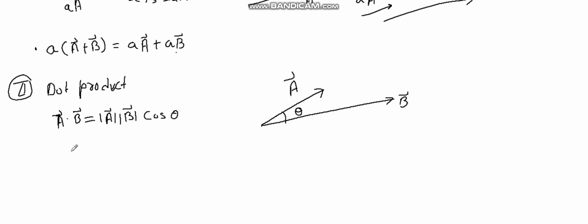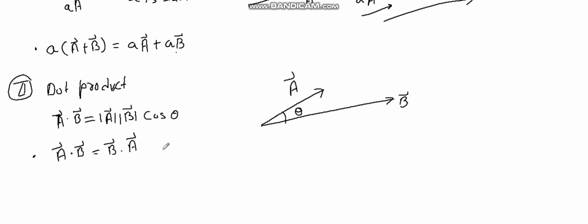Now, this dot product also follows some rules, some identities, so let's discuss them one by one. First is the commutative rule. A dot B is equal to B dot A. Of course, it has to be equal.